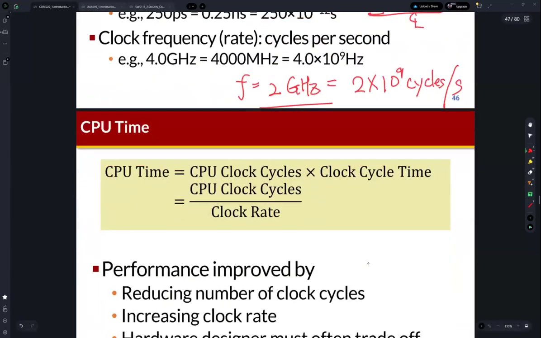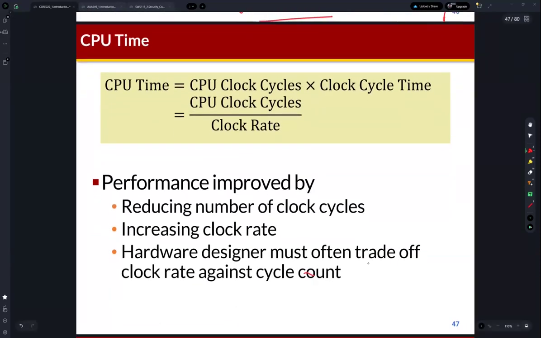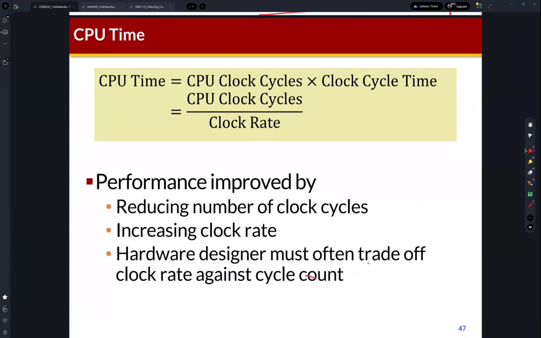Then how can you measure the CPU time? I mentioned that we need to measure the CPU time of a certain application to measure the performance, right? Then how can we measure the CPU time? We learned about the clock signal, and the CPU works with a clock signal, right? So it's simple.